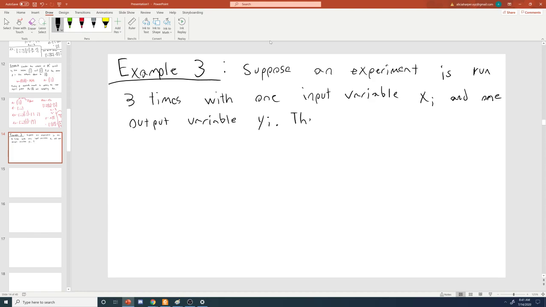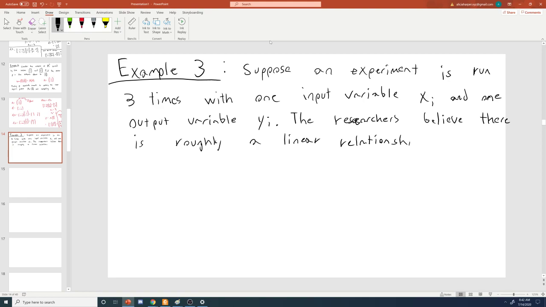The researchers believe there is roughly a linear relationship between the yi and the xi.